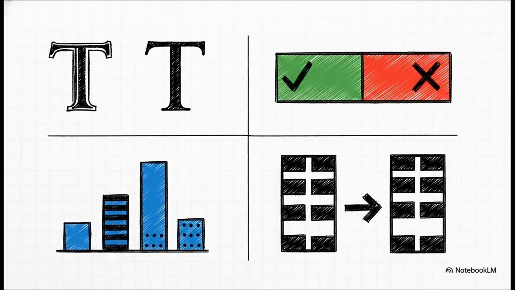Now, please don't skip over these details. They matter so much. This isn't just about making things look pretty, it's all about function. Right aligning numbers makes columns of data 1,000 times easier to scan. Using accessible colors means everyone can understand your charts. This is all about building clarity and trust.